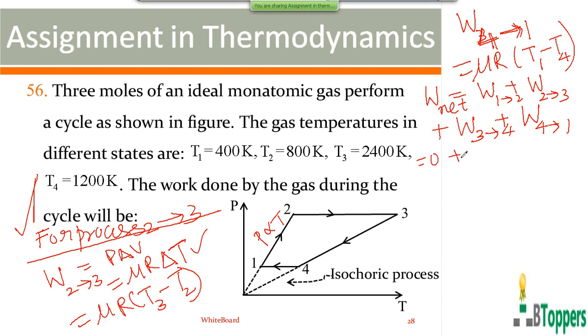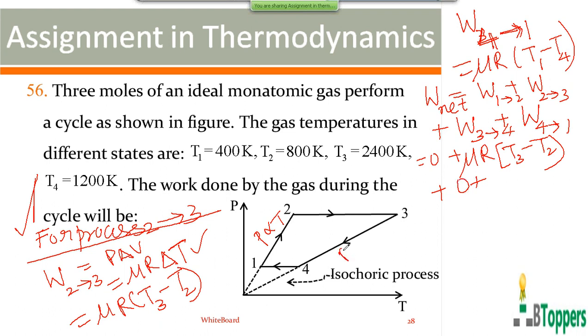Work done in the process 2 to 3, we have written nu R into T3 minus T2. Work done by the gas in the process 3 to 4 is again 0 because the process 3 to 4 is a straight line passing through origin where volume is constant.